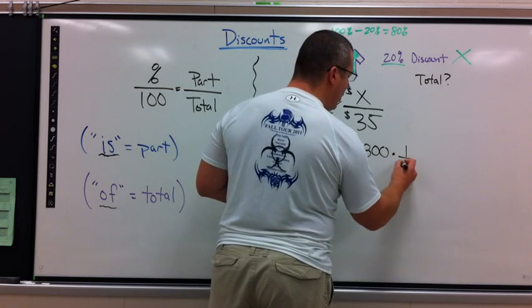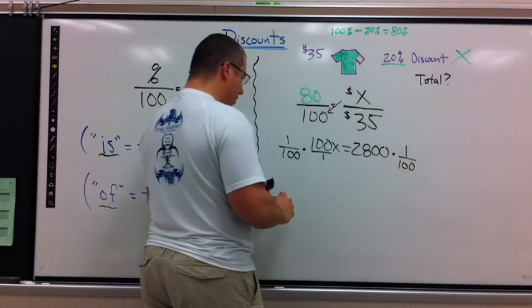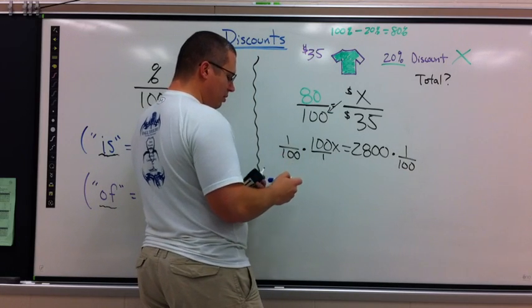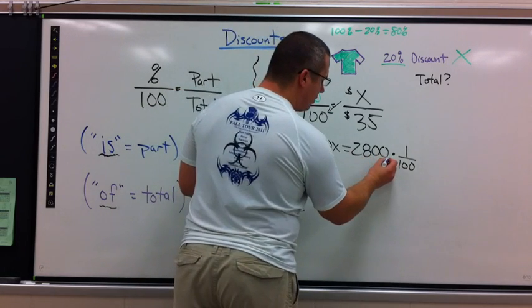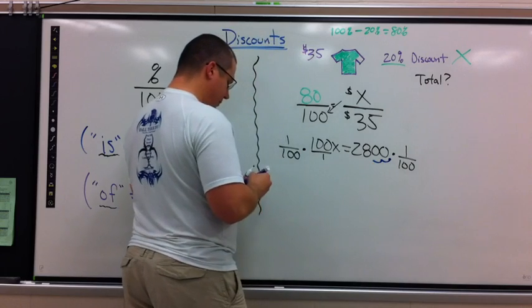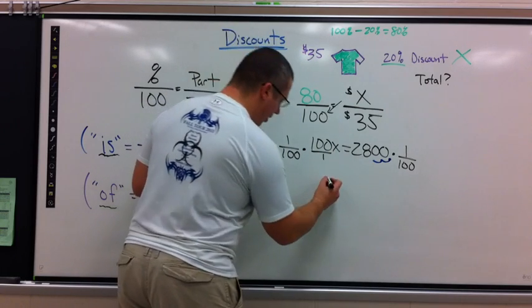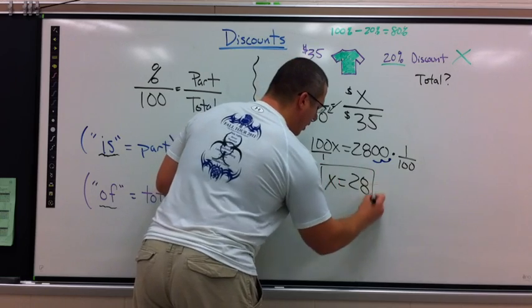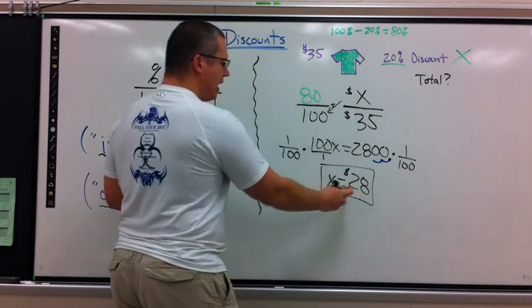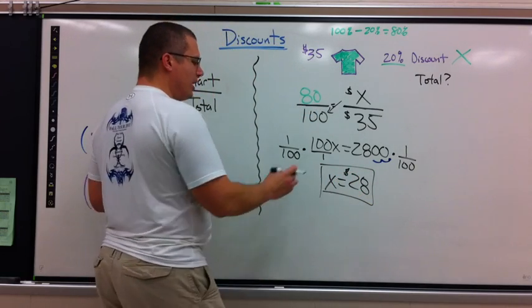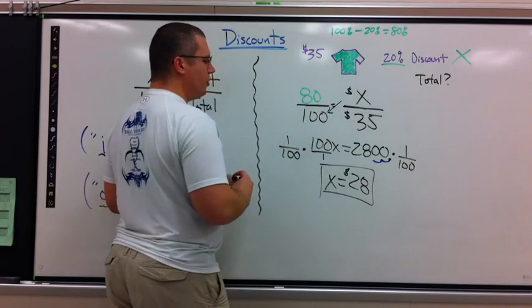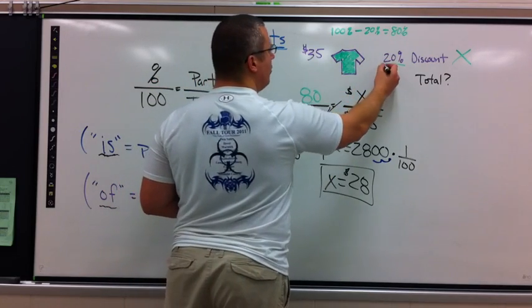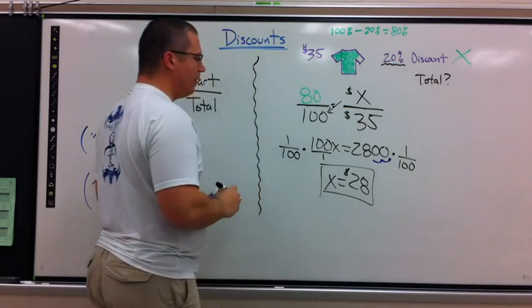I said earlier that when I multiply by 1 over 100, there is a fast way to get my answer. All I need to do is move the decimal 2 left. And if I would type it in, I'd get the same thing. X equals $28. This is how much I have to pay because it's 80% of the shirt. Why is it 80%? Because they did not charge me for 20% of it.